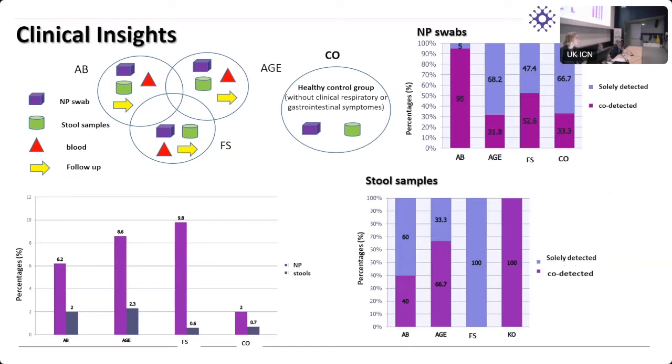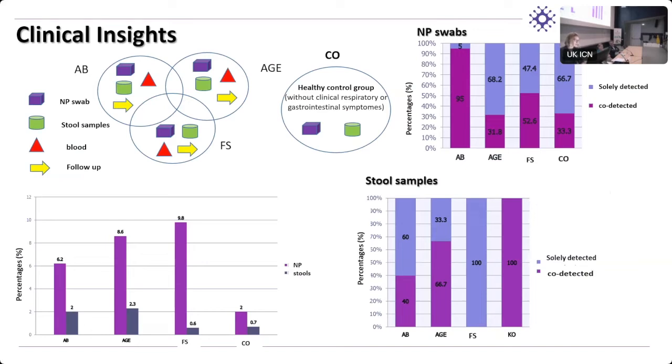We also included a healthy control group of children without respiratory and gastrointestinal symptoms. Nasopharyngeal swabs and stool samples were taken from all children, and blood samples additionally from the symptomatic children, and those children were also followed up 40 days after the initial sampling.